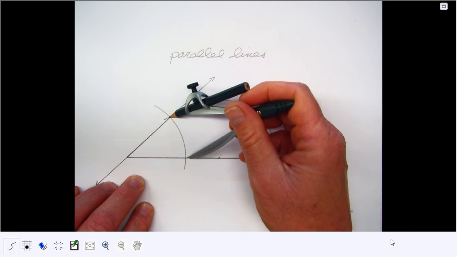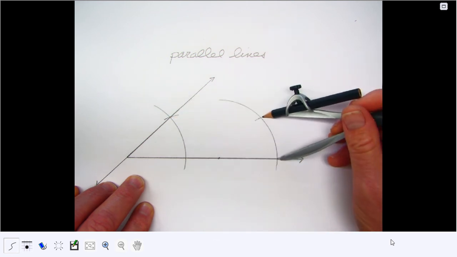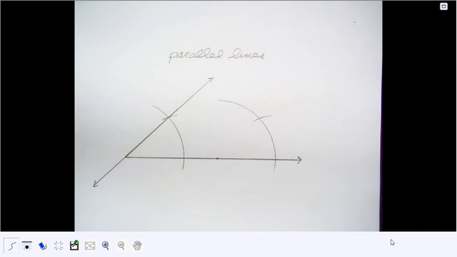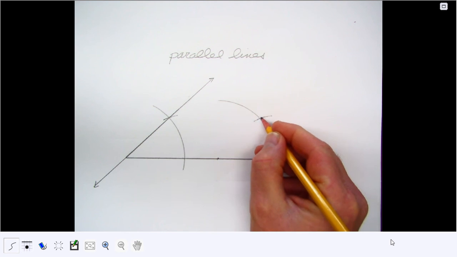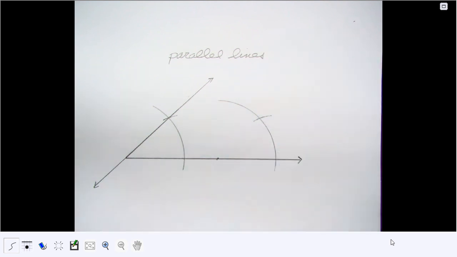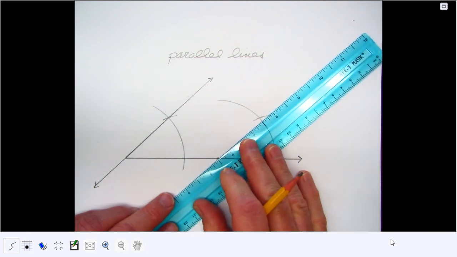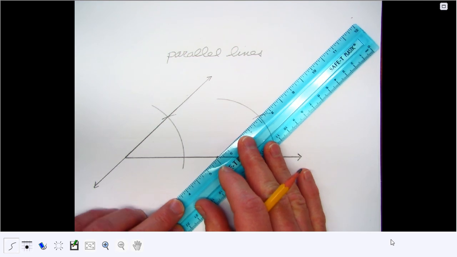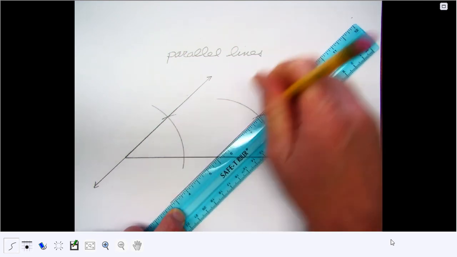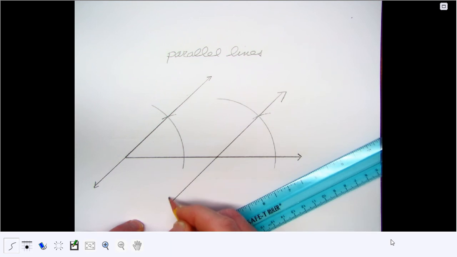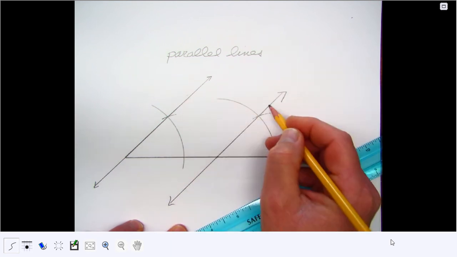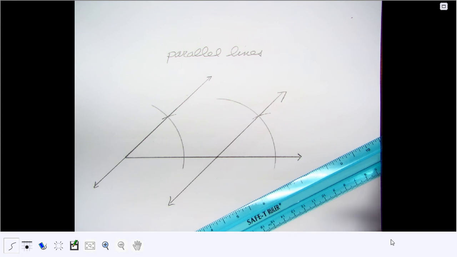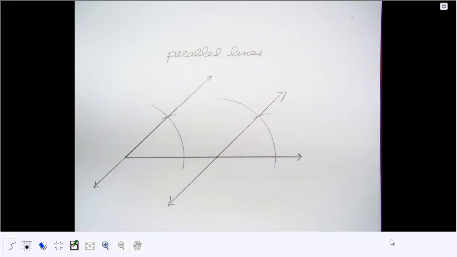And I'm going to take this measurement and transfer it over here, and now draw a line between this point and this point. And this line should be parallel to this line. Okay, those are the major constructions.